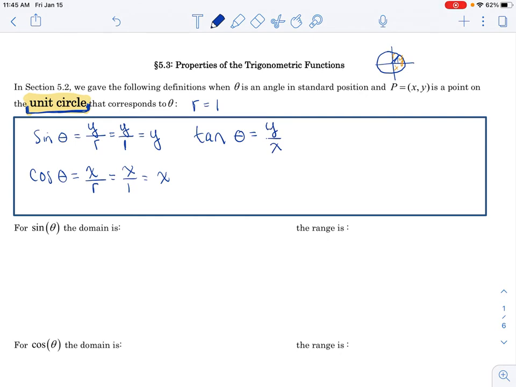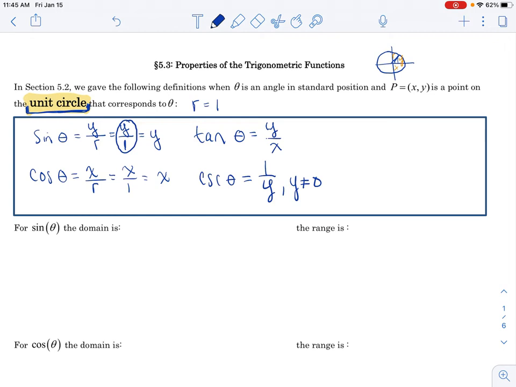Then you have 3 other trig functions that we don't use that often. We definitely use these 3 most often, and the others are the reciprocal functions that we discussed. The reciprocal for sine is cosecant, so it's just the reciprocal of this, which would be 1 over y. Just reminding you, we're going to say y cannot be 0, because you can't divide by 0, we get undefined.